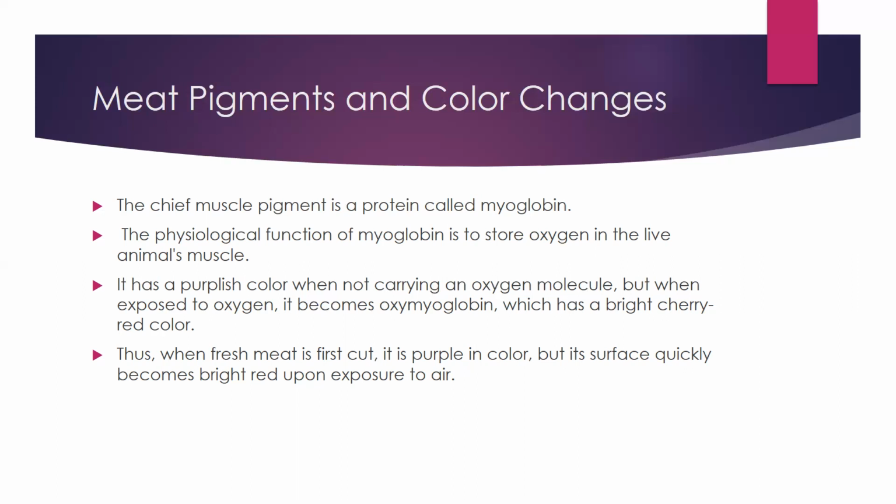When it is not storing oxygen, it has a purple color, but when it starts to carry oxygen, it becomes oxymyoglobin and takes on a bright cherry red color. And thus when we first cut fresh meat, it is purple in color, but as soon as it comes in contact with the air, it becomes bright red.